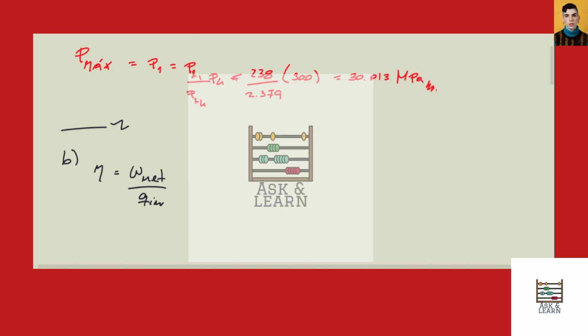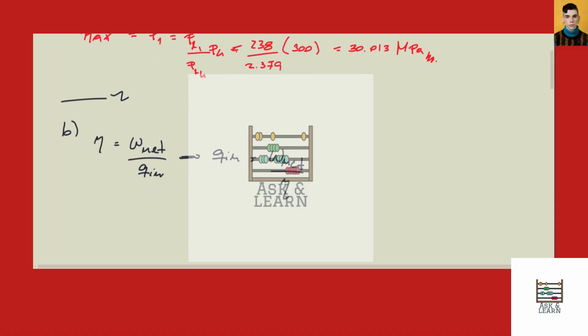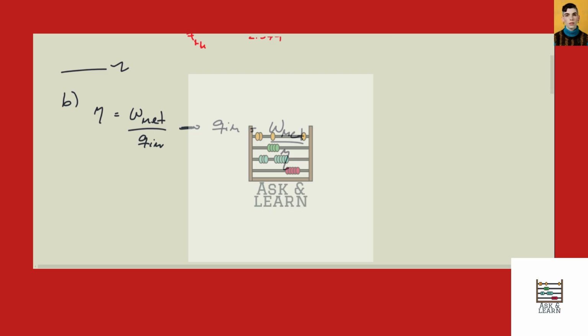So this is the standard equation to find the efficiency of any thermodynamic cycle. Therefore, we have that the input heat is going to be the net work divided by the efficiency. And we just need to find the Carnot efficiency, because this is our Carnot cycle.